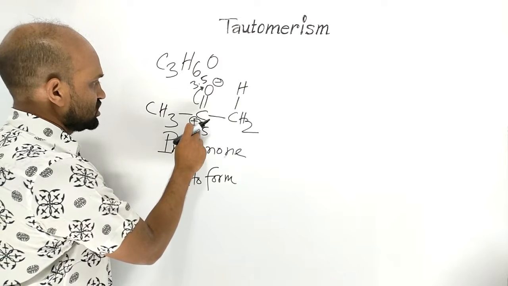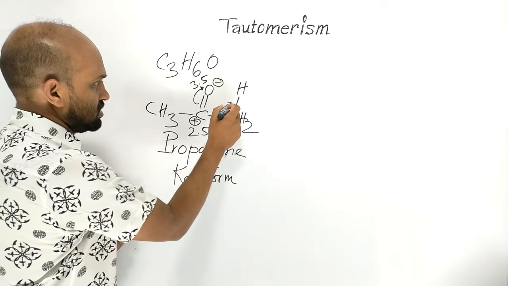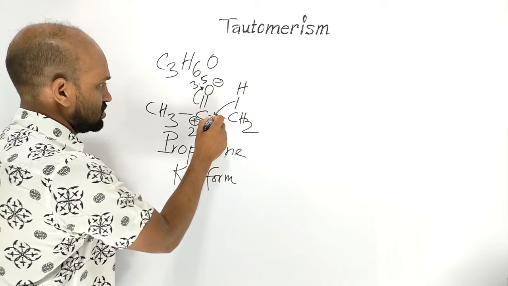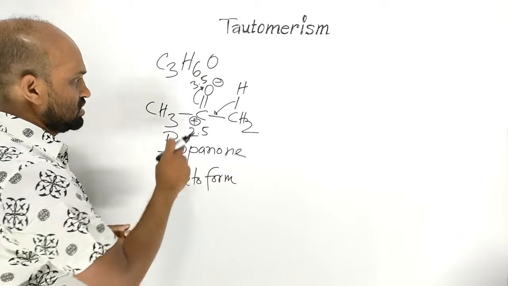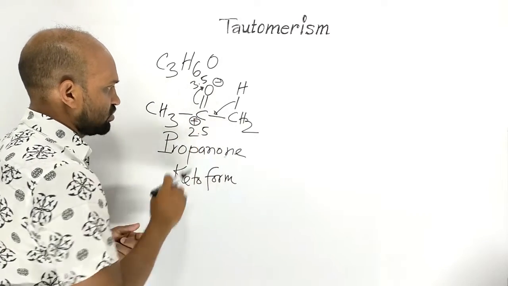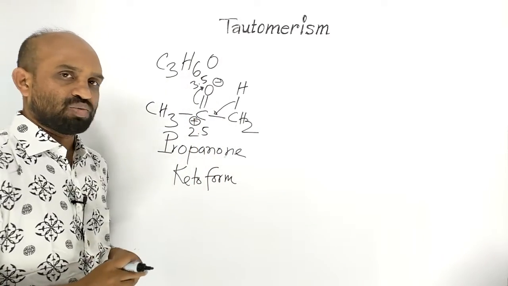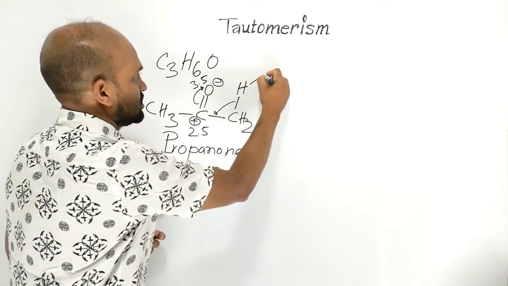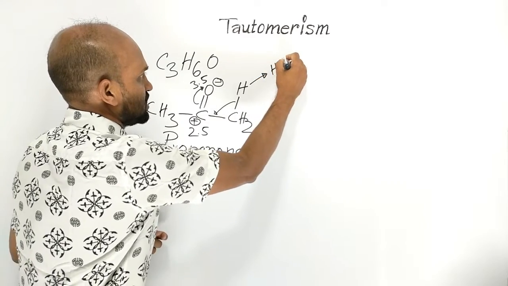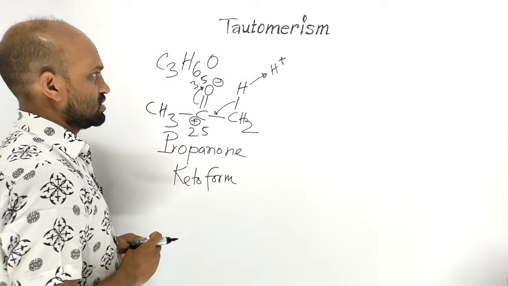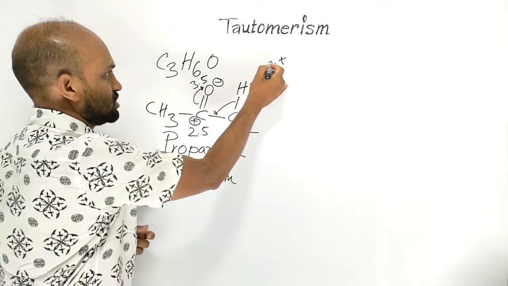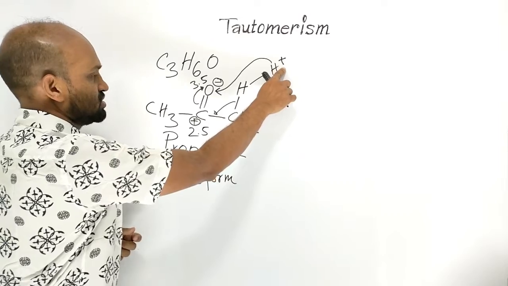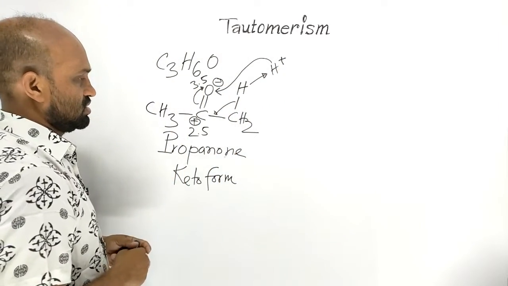Because of this positive charge, these covalently bonded electrons move towards this carbon, and this carbon oxygen single bond becomes carbon oxygen double bond, and at the time this hydrogen is freed as proton, and after that this proton combines with this oxygen, positively charged, negatively charged.